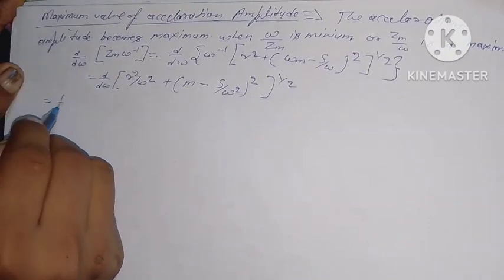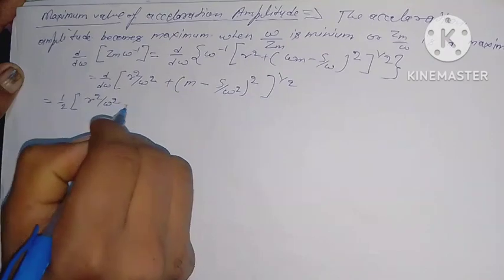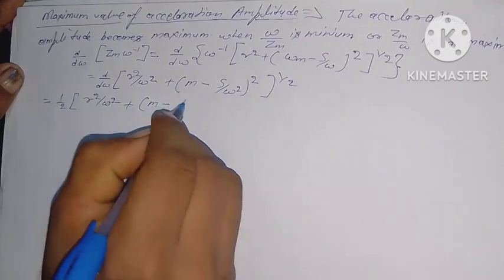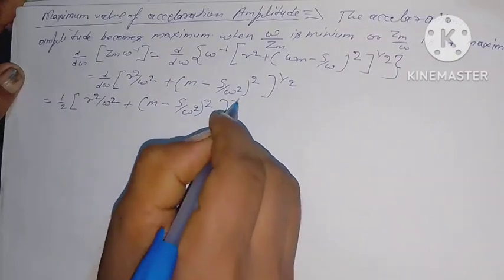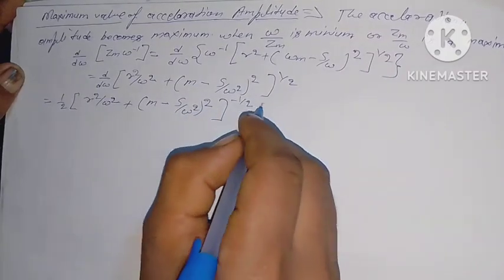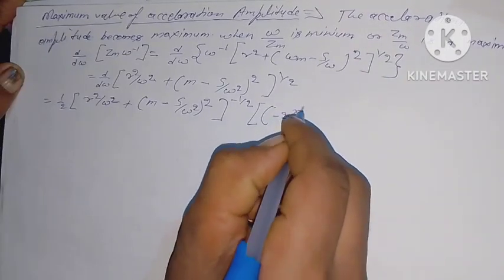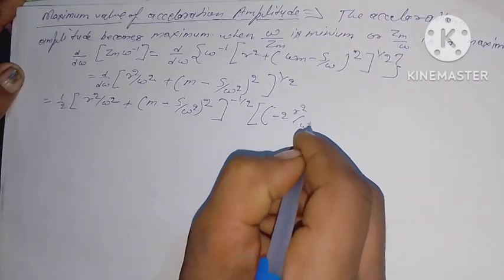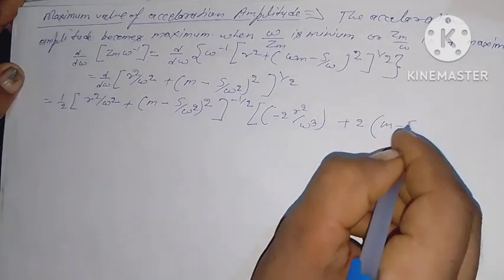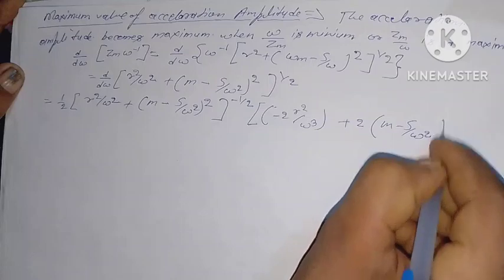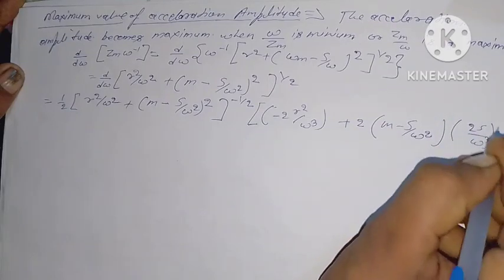That is 1 by 2 [r square by omega square plus (m minus s by omega square) whole square] to the power minus 1 by 2, and minus 2 r square by omega cube plus 2 (m minus s by omega square) into 2s by omega cube.